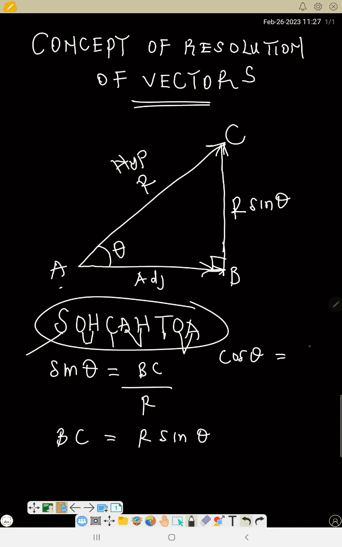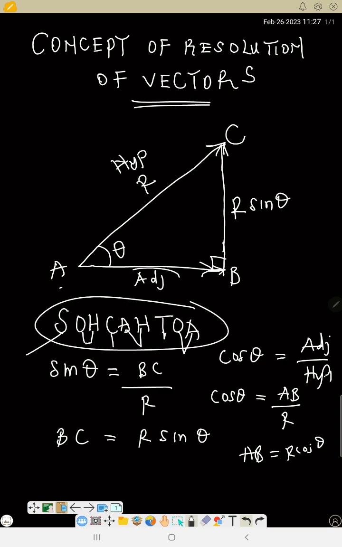So cos theta is adjacent over hypotenuse. What is adjacent? That is AB, divided by R. So AB is R cos theta. That means we have now found this place, that is R cos theta.